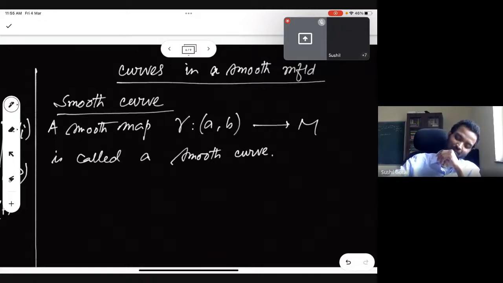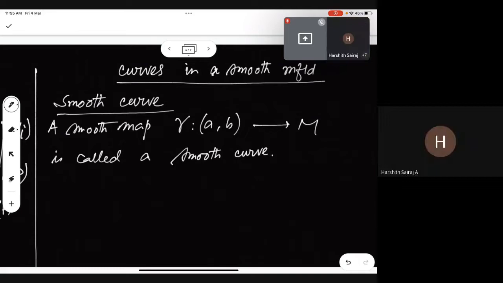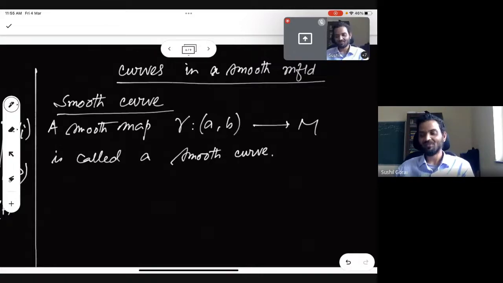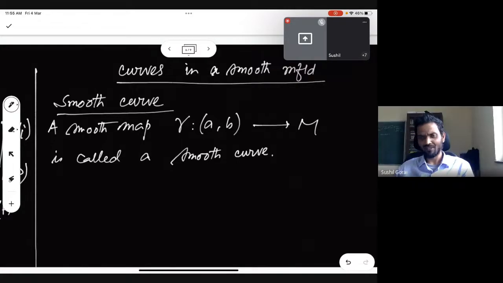There should be one. Why? Because we can look at it as like R, so there's only one direction. Yeah, only one direction. So we know in Rn, the basis will be n. So here it should be 1.